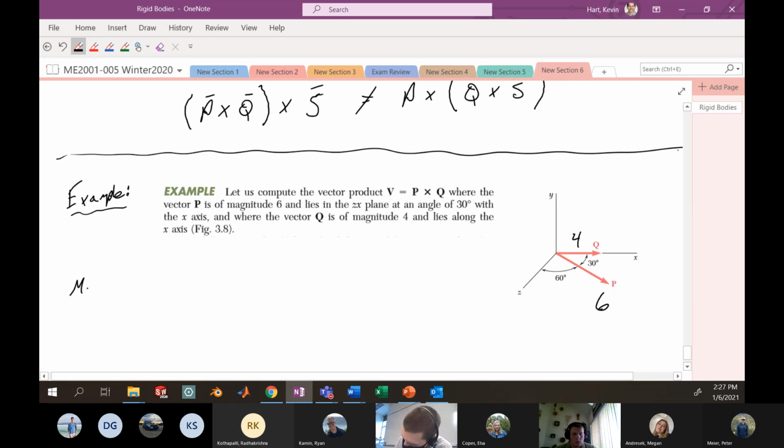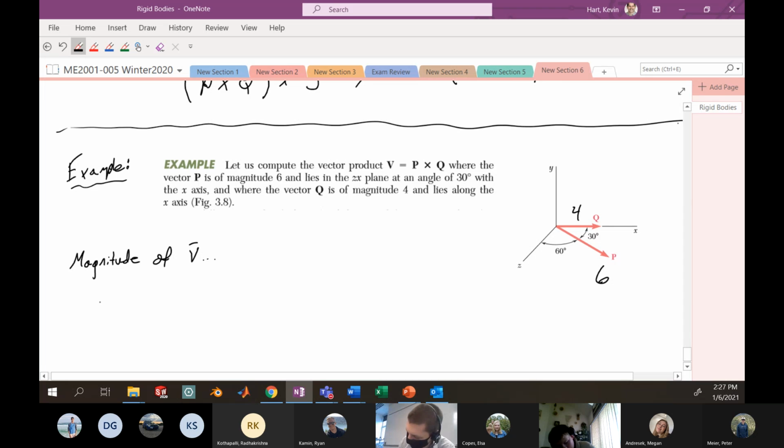We know the magnitude of V is simply, from the equation that we have, the magnitude of P multiplied by the magnitude of Q multiplied by the sine of the angle between them, which we call theta. I think it's pretty easy to see here that the angle theta in this situation is 30 degrees.